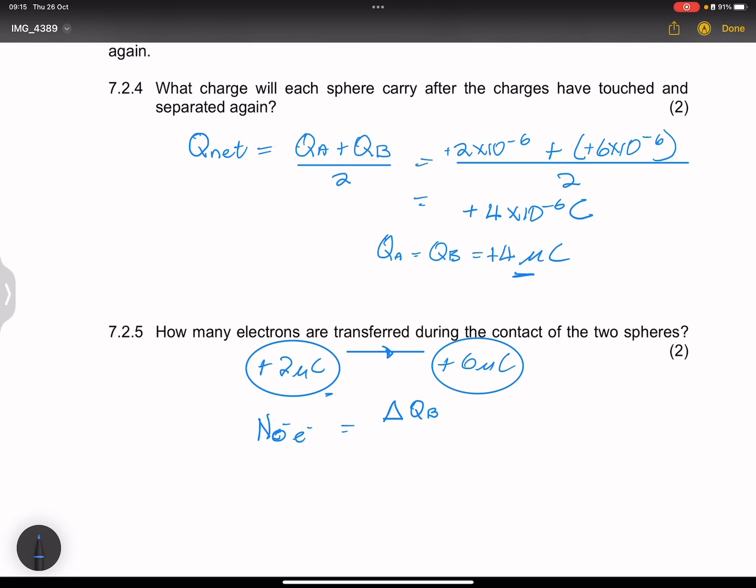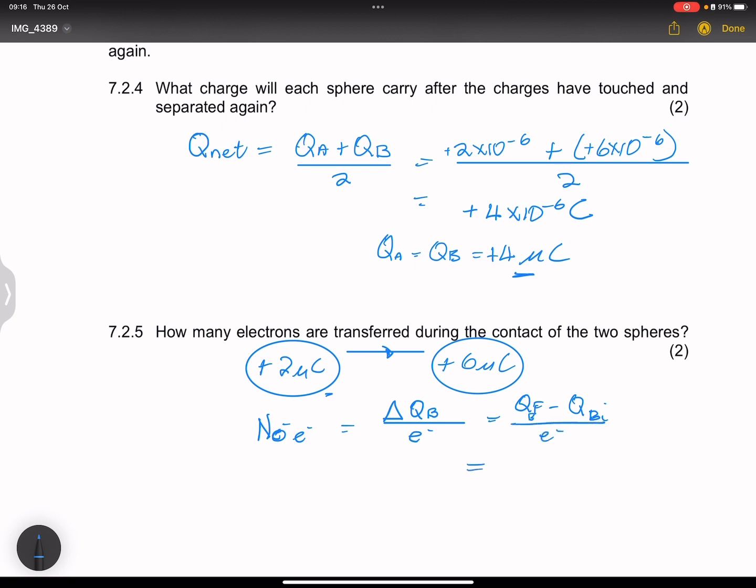So the change in charge in B divided by the unit charge of an electron. What is the charge of B final? That's charge of B final minus the charge of B initial, divided by the unit charge of an electron.